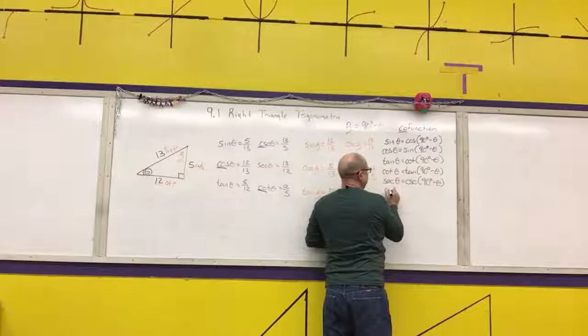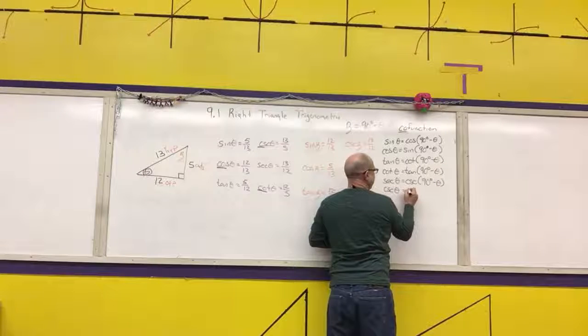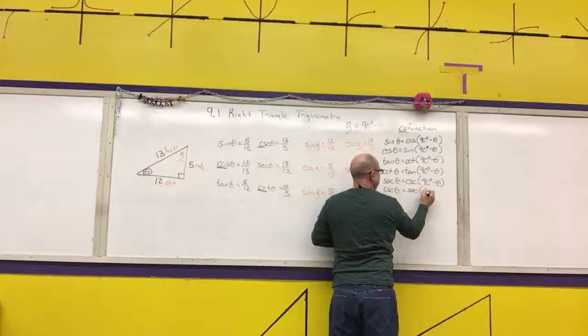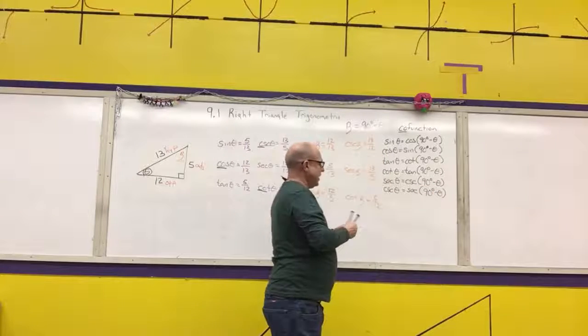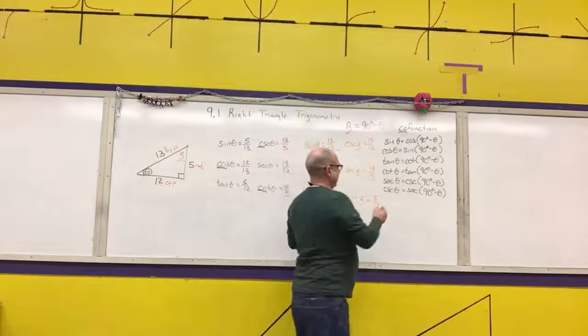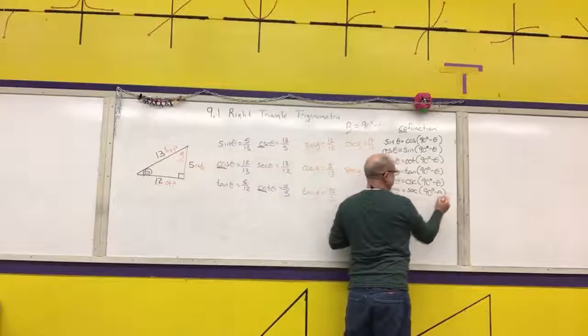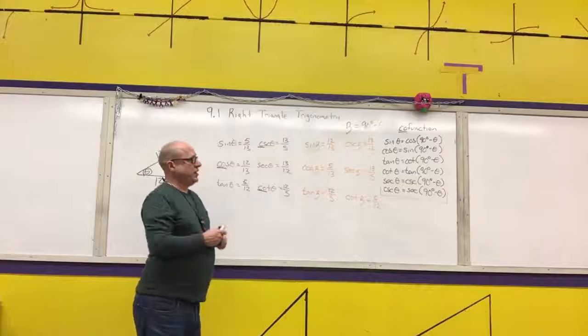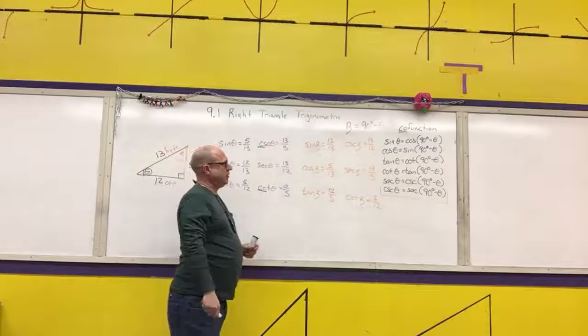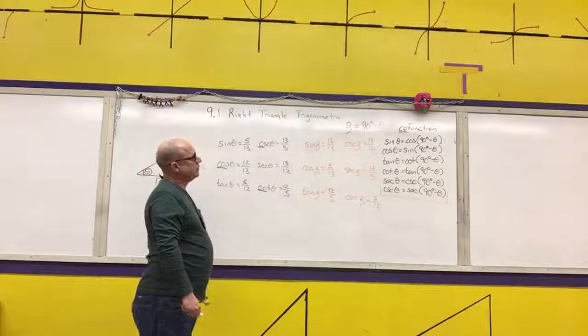And the cosecant of an angle is equal to the secant of its complement. Cofunction identities are the next 6 identities that you will need to memorize or be able to use. They will be on your identities test when we get done with all of the identities.